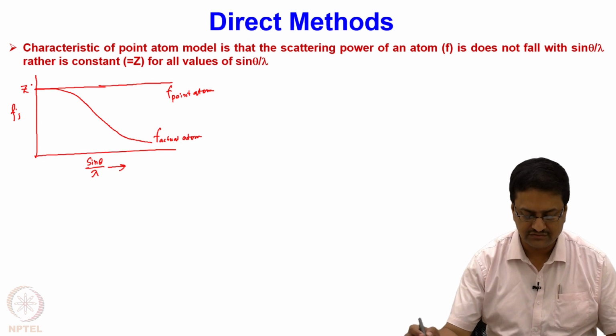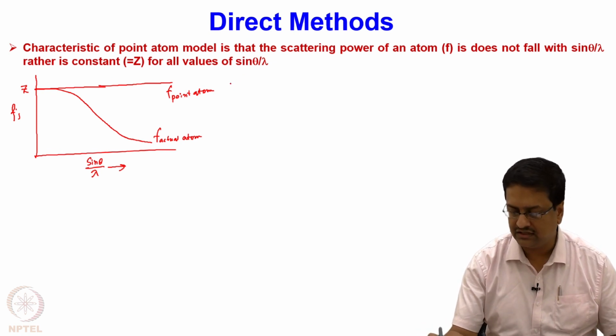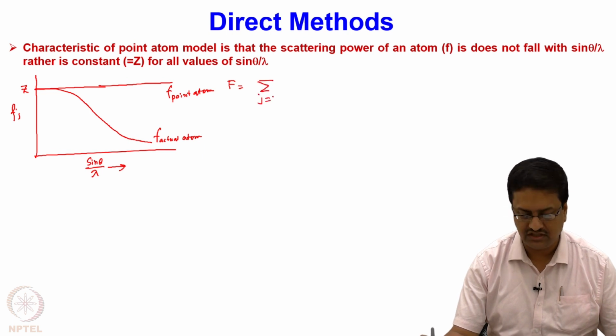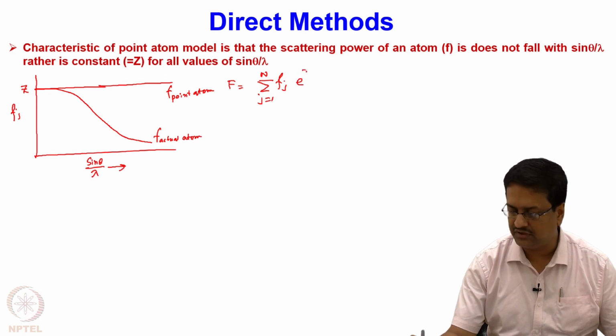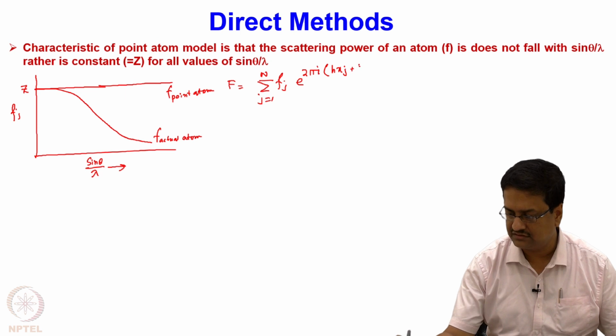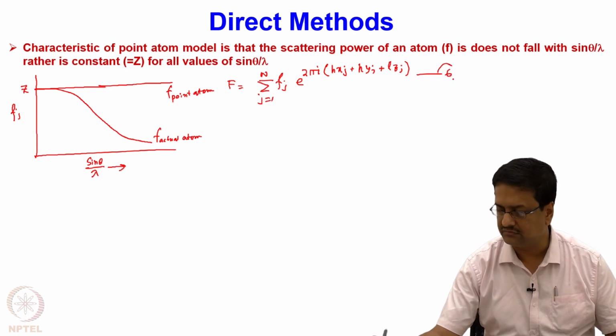So in this case, we can write F equal to the sum over j equal to 1 to n of f_j e to the power 2 pi i (h x_j plus k y_j plus l z_j), as equation number 6.